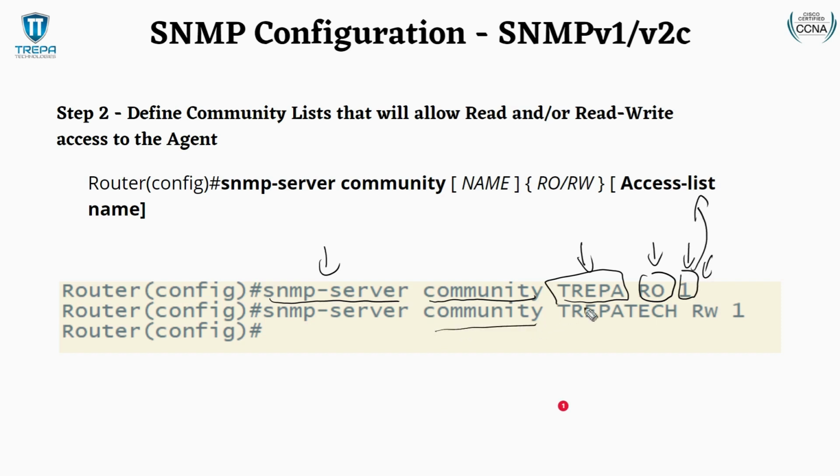Then we have the exact same thing here with a different community string name. So these are 2 different communities. This community has read-write access, and same thing though, we're only going to accept SNMP polling messages, get or set messages, from a polling server or an SNMP server that resides in an IP address based off this access list.